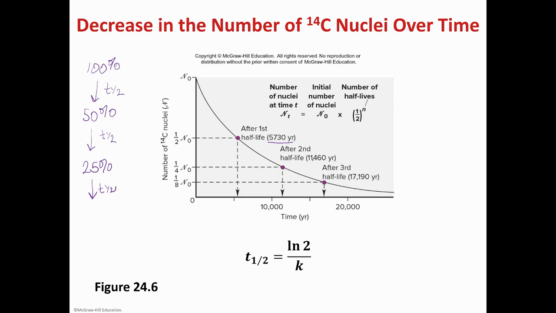Now, why is carbon-14 brought up a lot? Carbon-14 is interesting. All day long, when we're alive, we eat and we breathe. So we ingest food that has carbon-14 in it.